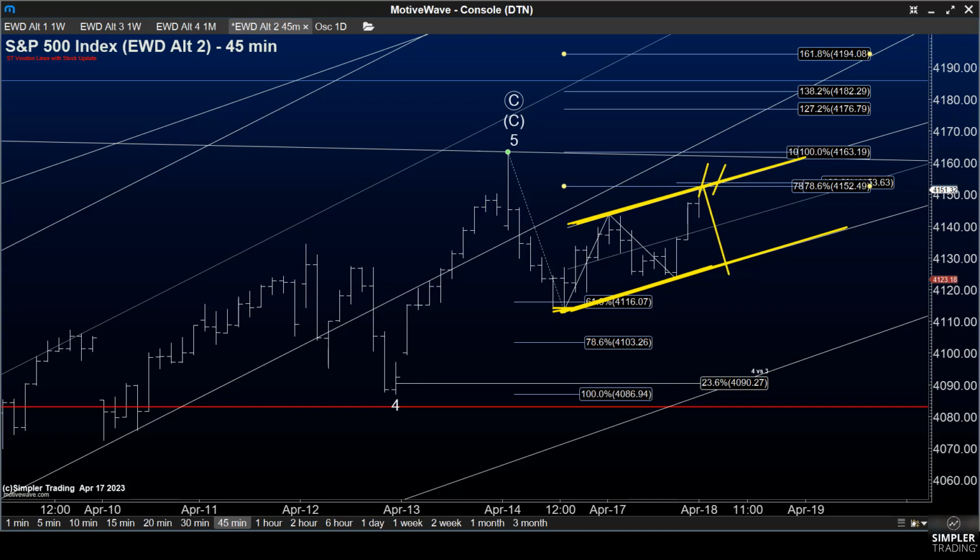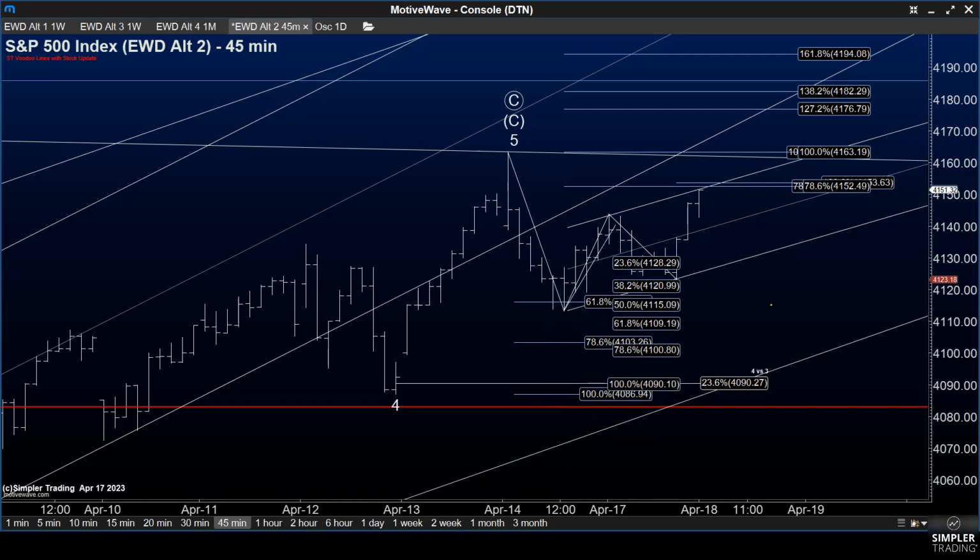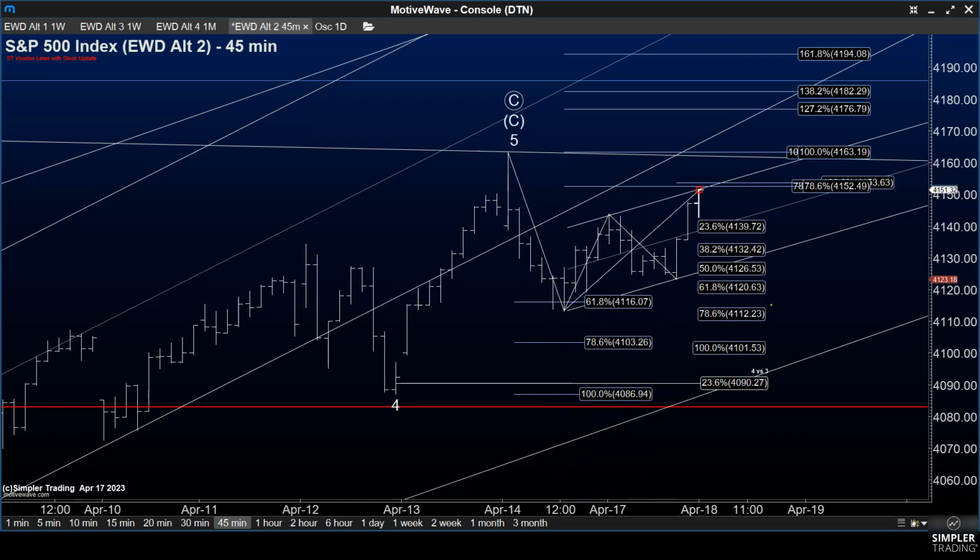If we break the lower level, then the first target is going to be coming in here at equal legs down. That would be just measuring Friday's drop down from today's high.